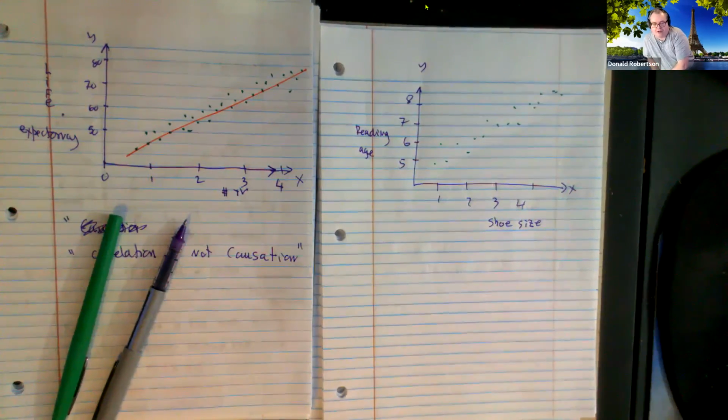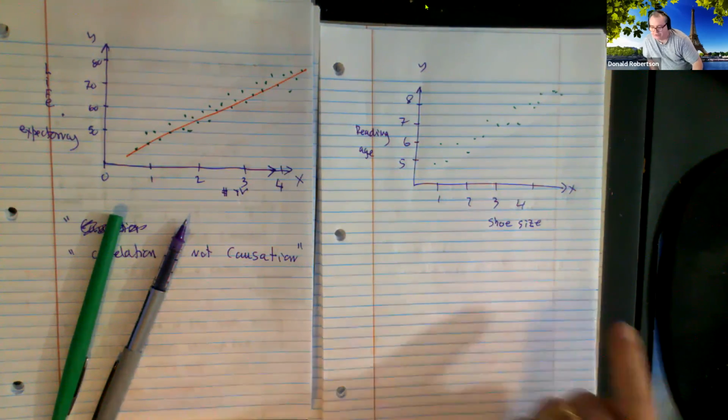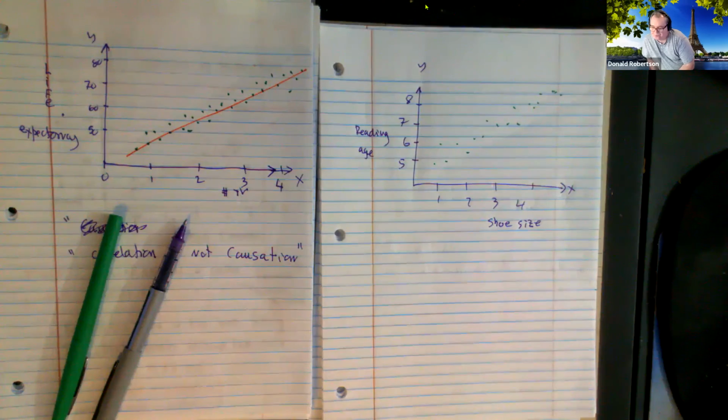Does your shoe size make you read better or worse? Would you agree that is not the cause? So for children, the size of their feet is not the reason that they read good or bad, right? That they read at their age or they don't. What is the real connection between these two? Actual age?